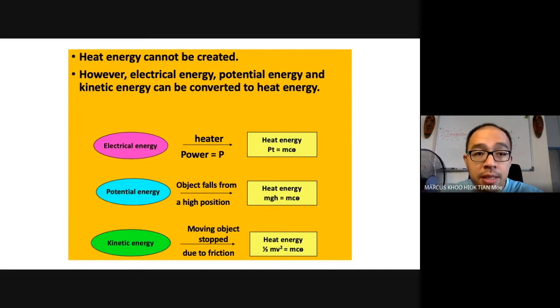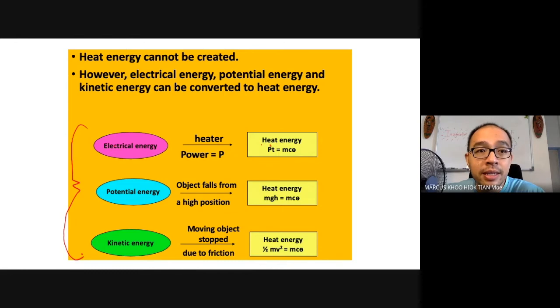And this year for all of you, these are the three most important forms of energy that we use to create heat energy. For example, electrical energy to become heat energy, this is the most common. We use this every day: electric heater, iron, your hair dryer also works around the same principle. You think it becomes hot by itself? No, it becomes hot because the electrical energy is converted to heat energy.